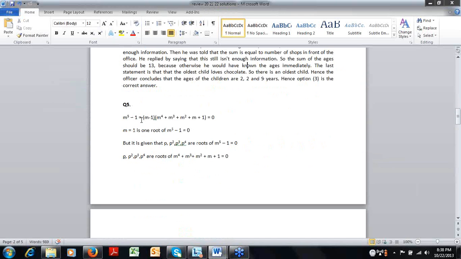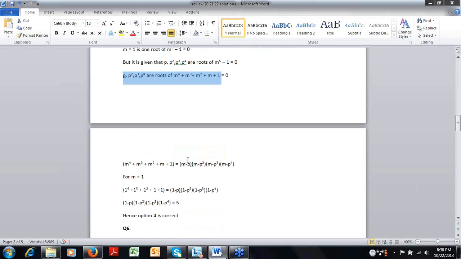So m to the power 5 minus 1 we can take as m minus 1 into this. m is equal to 1 is one of the roots, but it is given p, p square, p cube and p to the power 4 are the roots. So these are the roots of this equation because 1 is already a root.